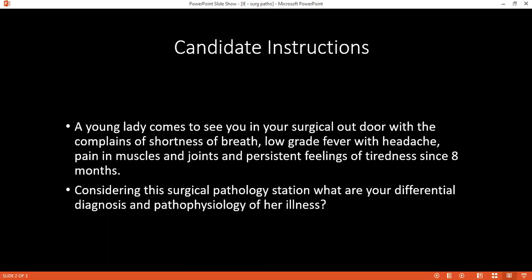If you consider that it is rheumatic heart disease, what is the criteria that you consider, or how would you confirm your diagnosis?